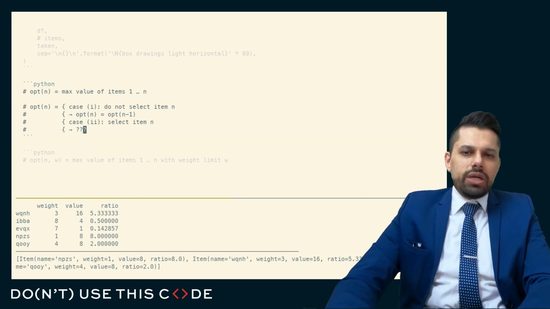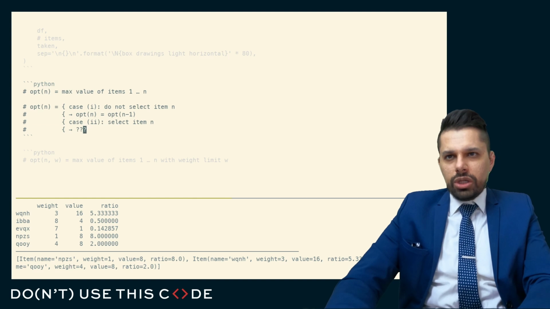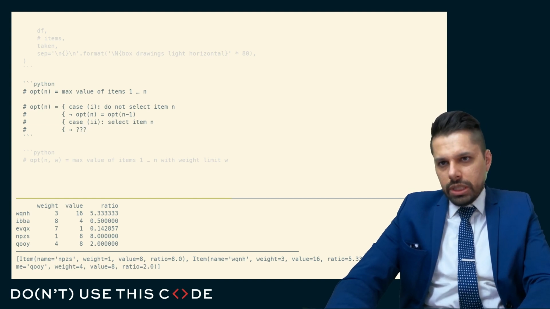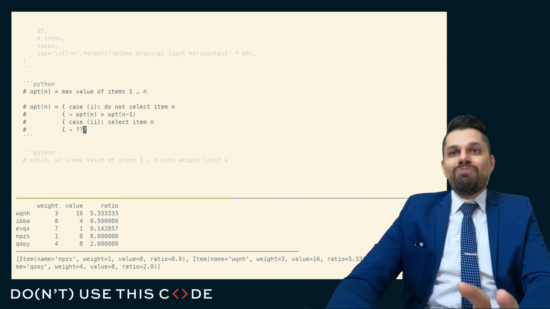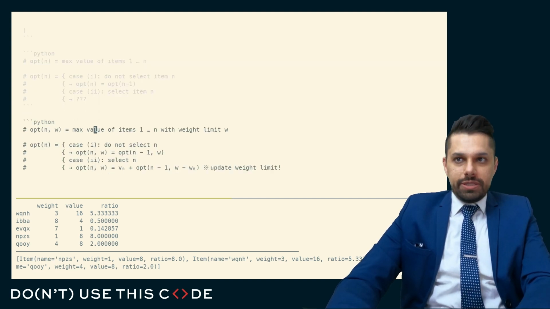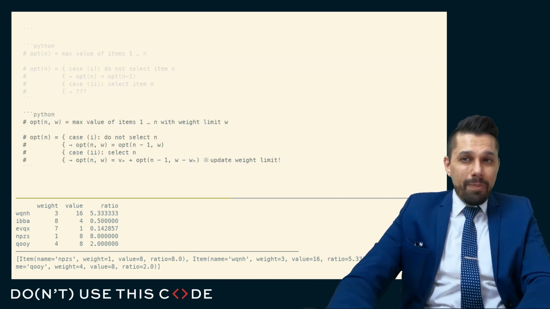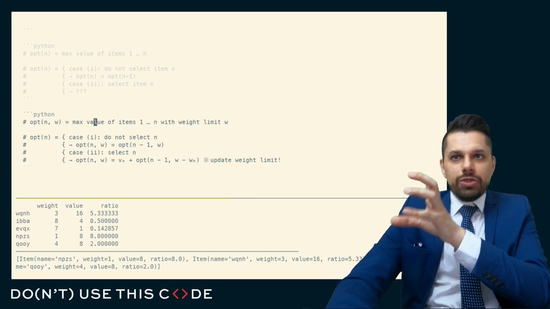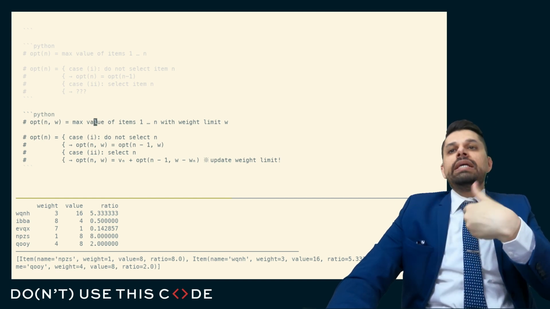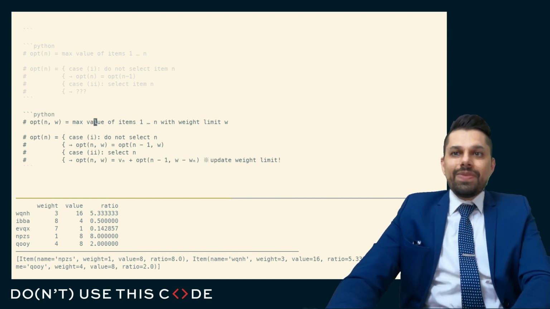This is a false start, and it's a false start because what I'm really looking for is some optimal formulation that allows me to maximize making a subsequent choice. And so the proper formulation for this integer knapsack is as follows. I'm going to define my optimization as the max value of the items from 1 to n given a particular weight limit.